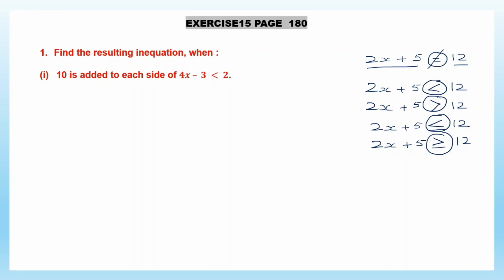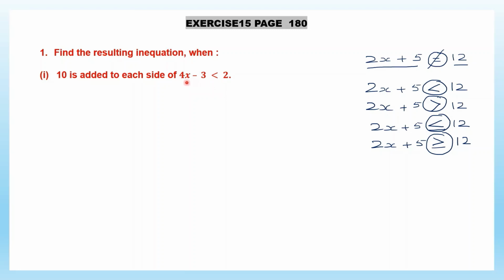So let's look at question 1. Find the resulting inequation when 10 is added to each side of this expression. Now, one property of inequations is that adding the same number to each side of an inequation, the left-hand side and the right-hand side, does not change the inequation or the inequality.